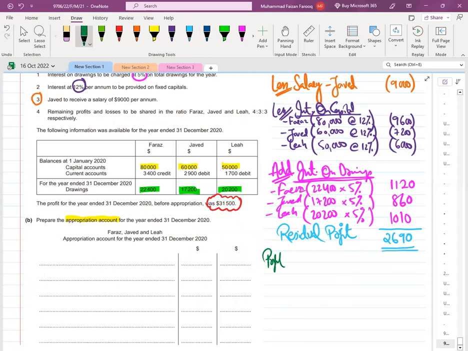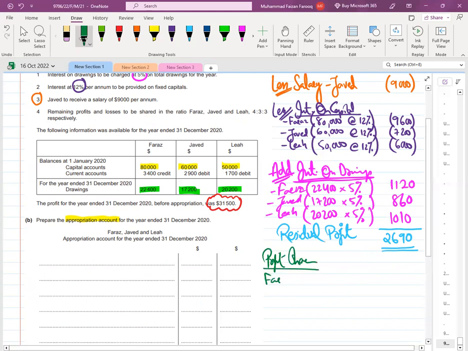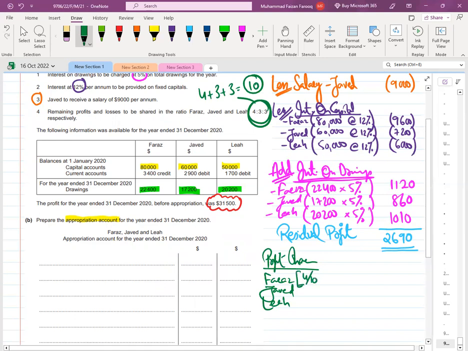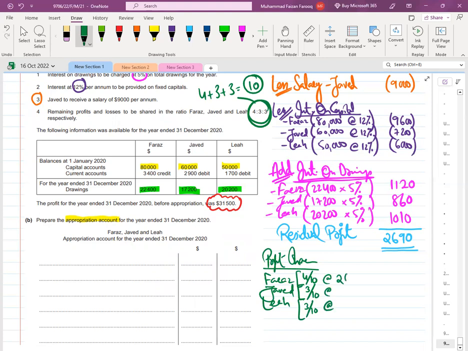We have three partners, Faraz, Javed, and Lee. The sharing for profit is 4, 3, and 3. 4 plus 3 plus 3, total 10. Faraz will get 4 out of 10, Javed 3 out of 10, and Lee 3 out of 10, and the amount of residual profit is 2,690.